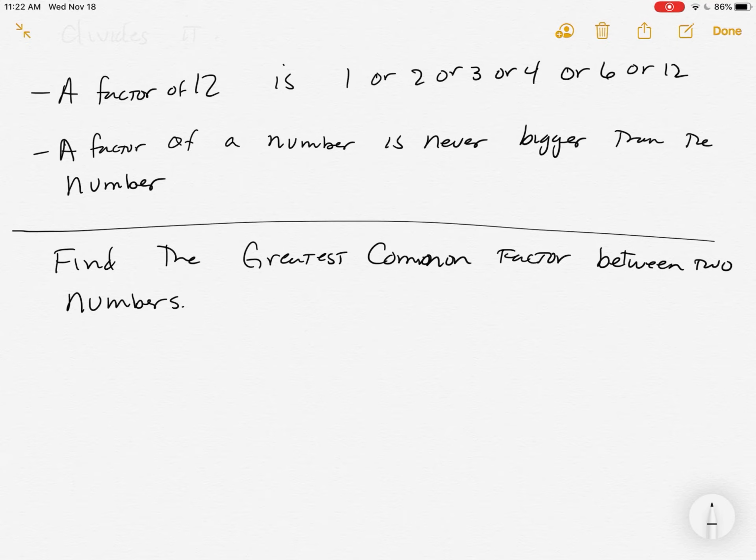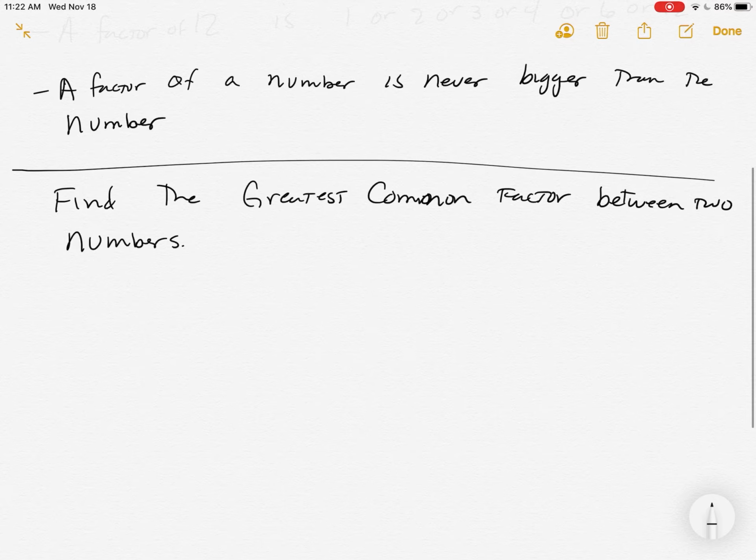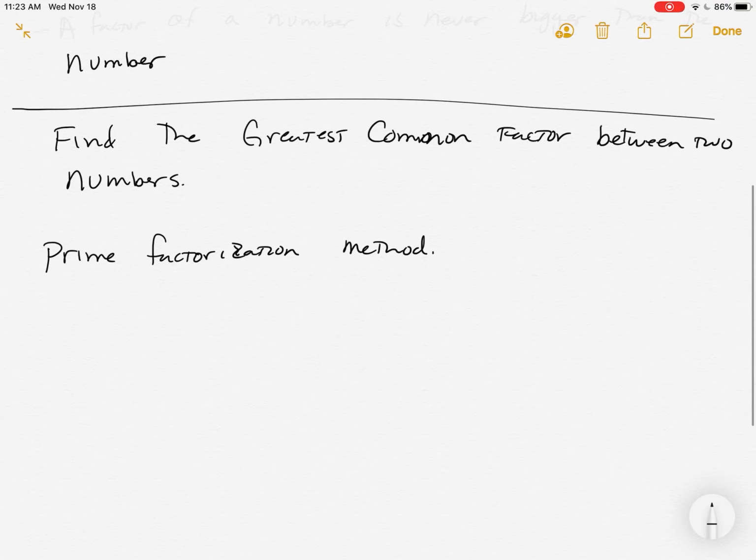I should say two or more numbers, right? I'll say that, but I won't go back and rewrite it. So one method is called the prime factorization method. And it's a really good method, and one that is actually better than the other because it can naturally extend up to help you in the least common multiples.